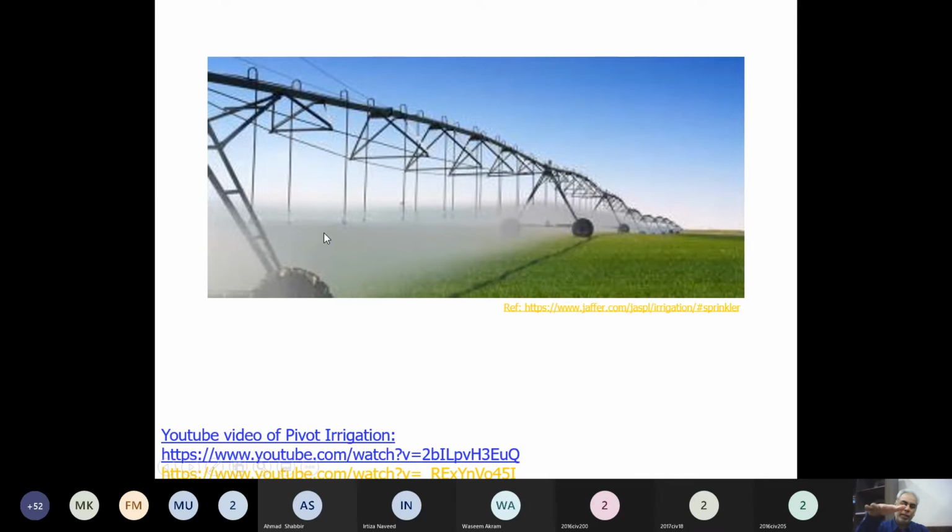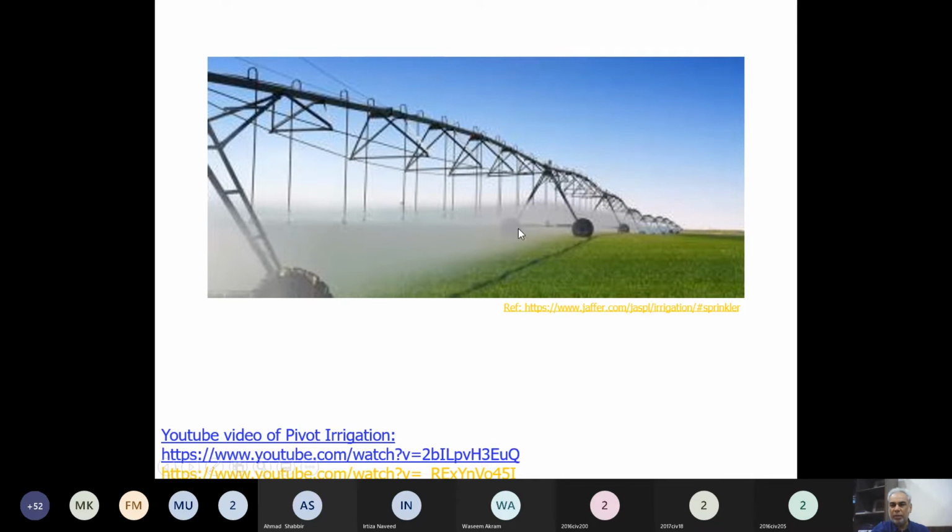They can supply water at the top of the crop. They can supply water close to the root, close to the ground surface also. Usually they supply water at the top of the crop and create rain-like conditions. They rotate with the help of the motors attached to these wheels, and they are controlled because when it is rotating around a point, not all the wheels should be running at the same speed.